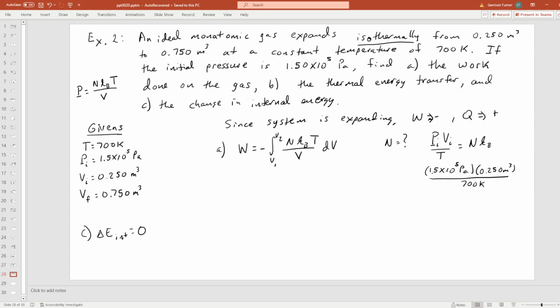And so this is going to be 1.5 times 10 to the fifth times 0.25 divided by 700. And so N times KB is going to be 53.57.